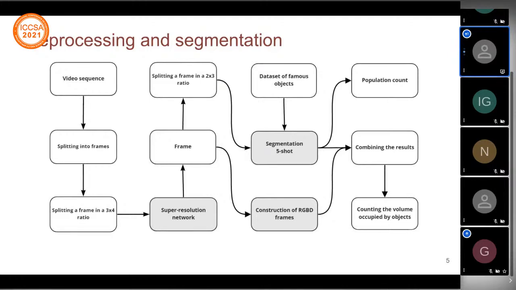So another method was also tested, when the video sequence was divided into frames, to each of which a super resolution model was applied to increase the clarity of the frame.